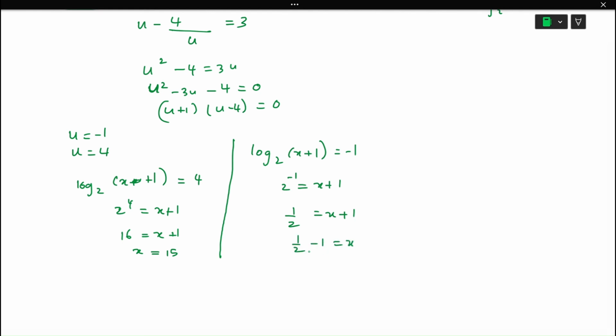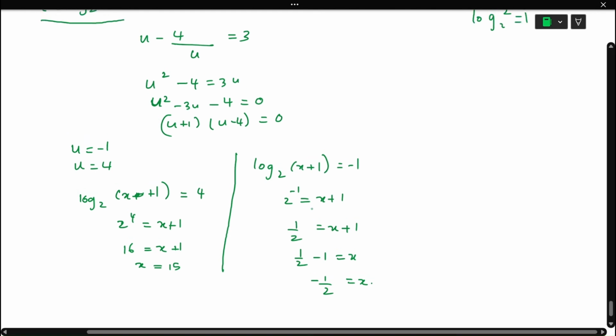Take LCM, 2 minus 1 is negative, so negative 1 by 2 equal to x. So negative 1 by 2 and 15 are the answers.